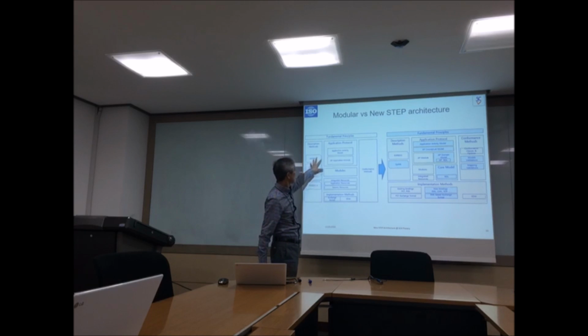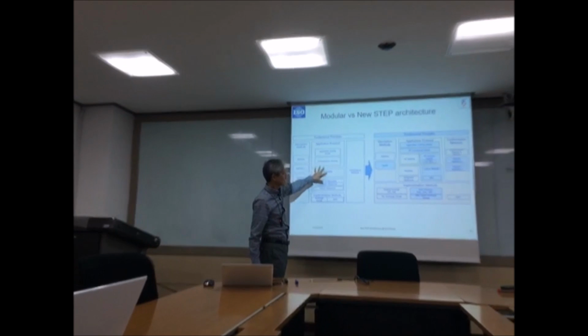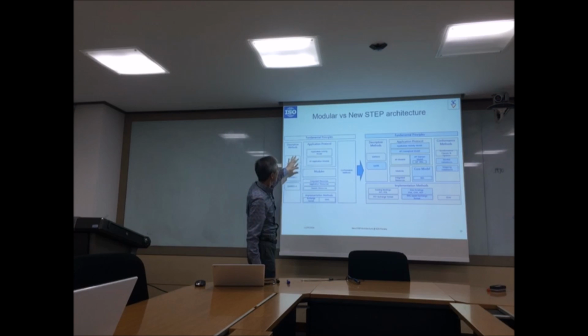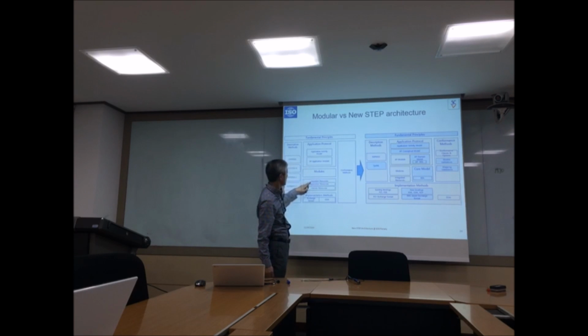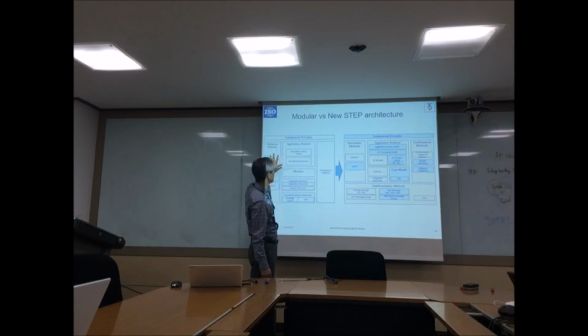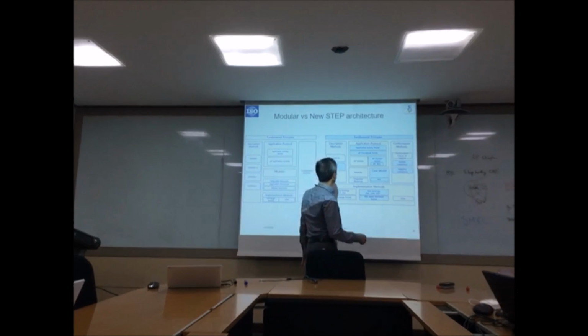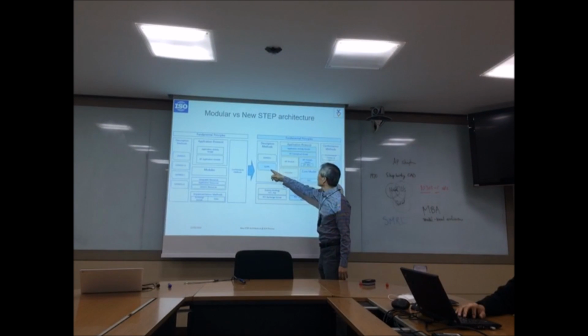This is probably the traditional existing standard structure: activity model and modules, application modules, common resources, IR or GIR, and then implementation method, description method and conformance method. Traditional structure, but they want to change, and CSML is coming. The blue portions are the activity model and conceptual model, and domain model and core model of this part.